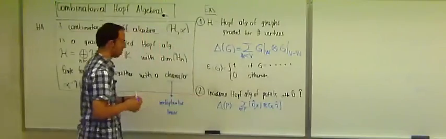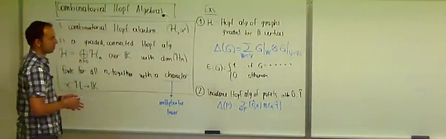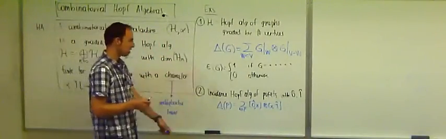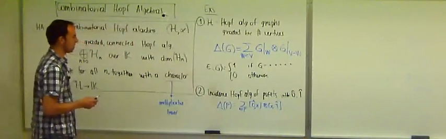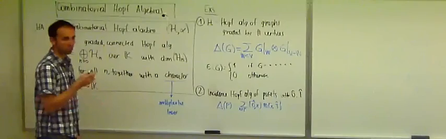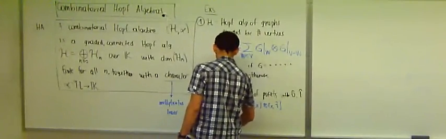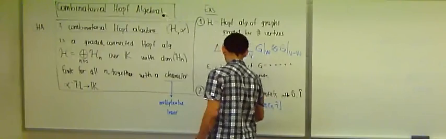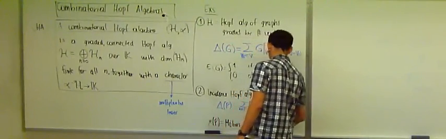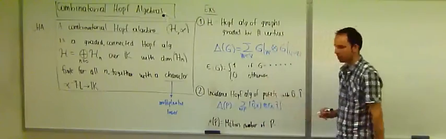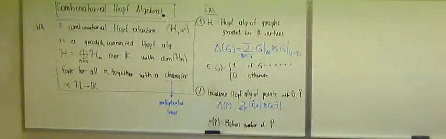Again, here I could choose any character, and I might choose a different character, which is the Mobius function. Remember that we proved that the Mobius function is multiplicative. And so I can define that to be my character, and that'll be an example.